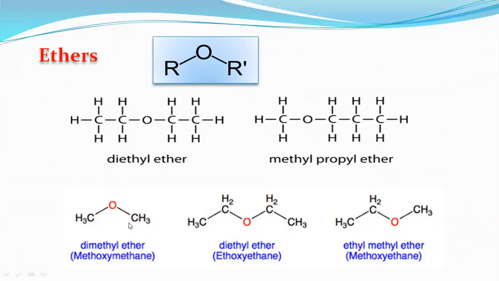Therefore, methoxymethane. Here, ethoxyethane. Similarly, here ethane is considered the parent alkane and the smaller group is referred to as the alkoxy group, and therefore methoxyethane is its IUPAC name. So this is for the ethers, which have the general formula ROR.